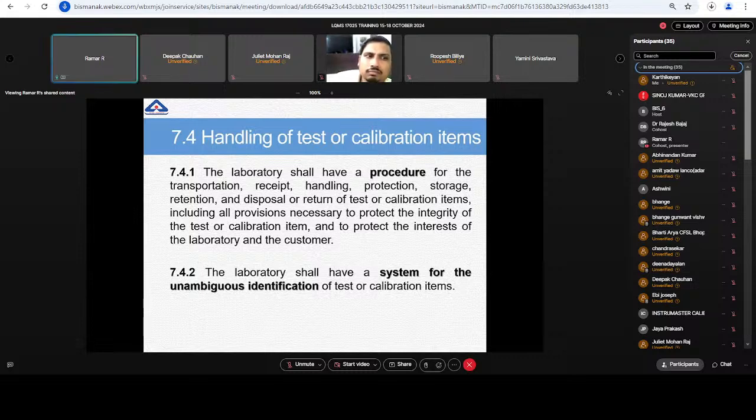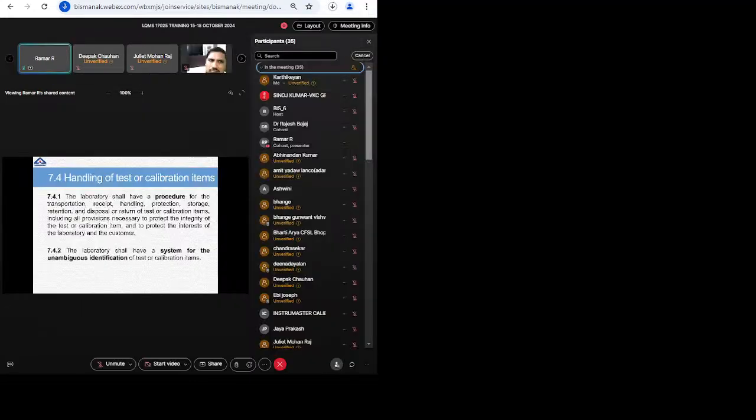Till that time, the samples are in the custody of the laboratory, and the laboratory is responsible to take care of the integrity of the sample. So for the entire life of the sample in the laboratory, the integrity of the sample must be maintained. It is the responsibility of the laboratory.